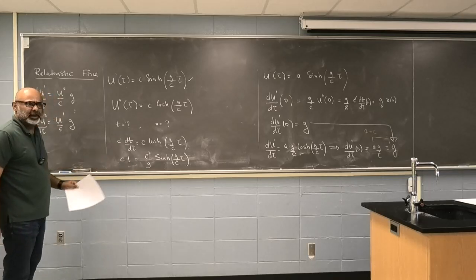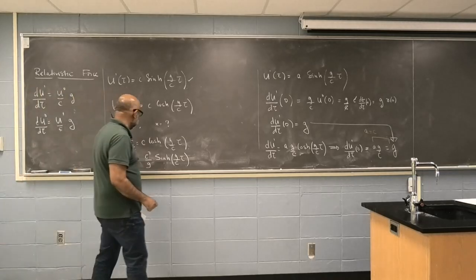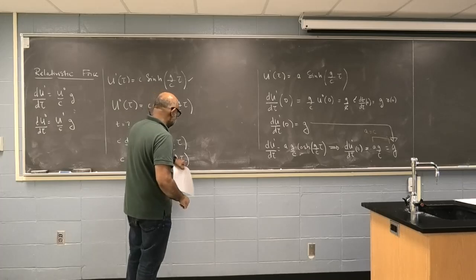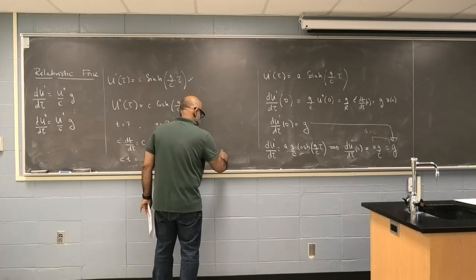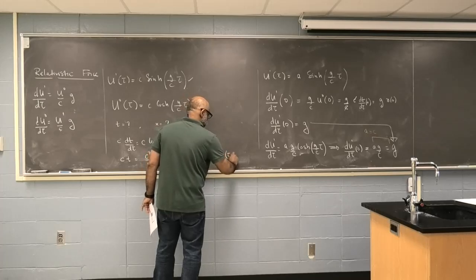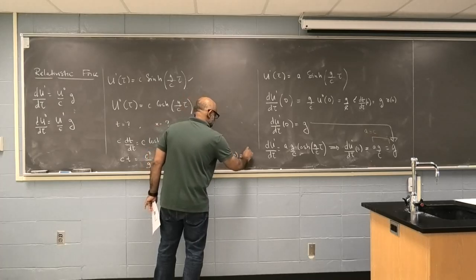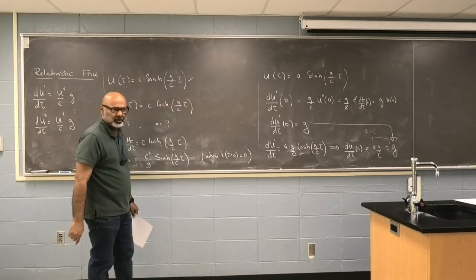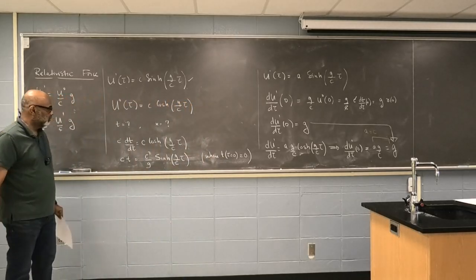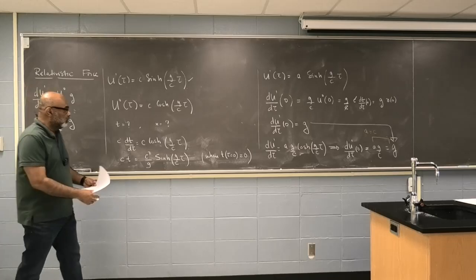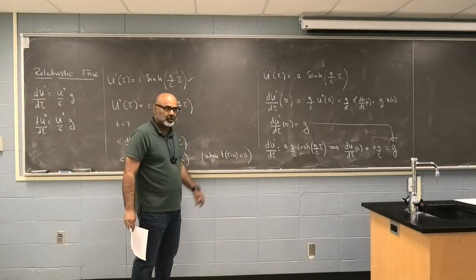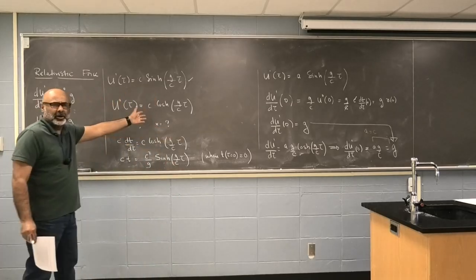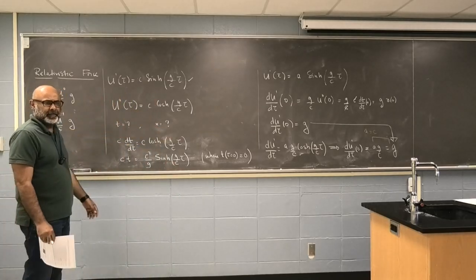This is assuming the following initial condition. What's the initial condition? That u equals 0 initially. The time also starts at 0. The coordinate time at proper time equals 0 is 0. So the integration constant goes away. That's not always assumed.